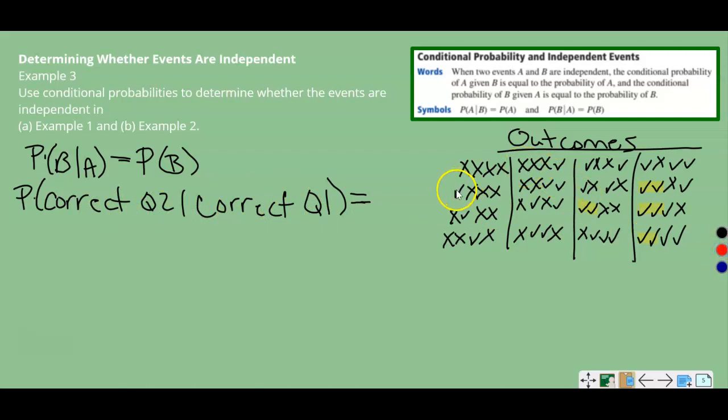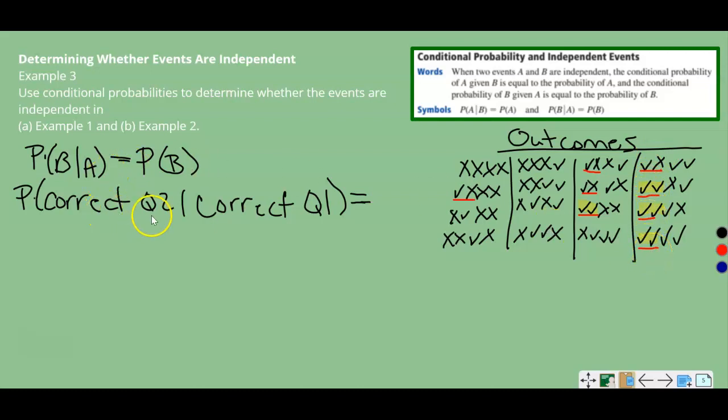So this one has the first one correct. This one has the first one correct. This one does. And this one has the first one correct. And the ones that were highlighted, of course, have it correct. So 1, 2, 3, 4, 5, 6, 7, 8.